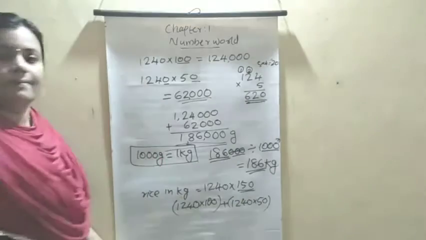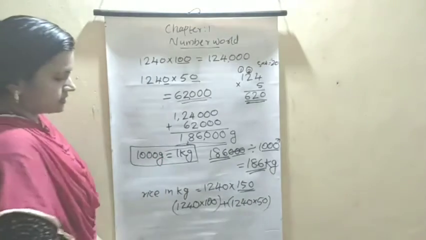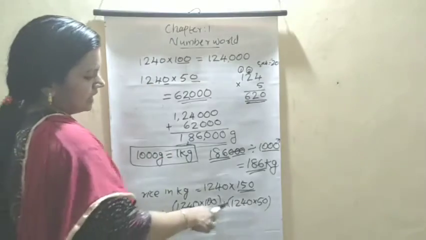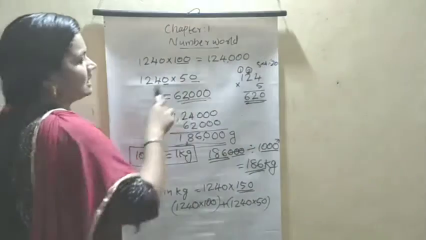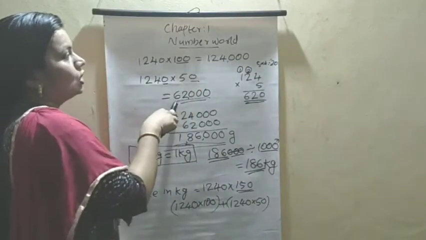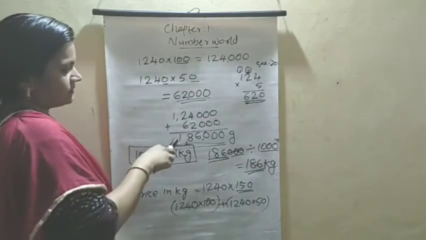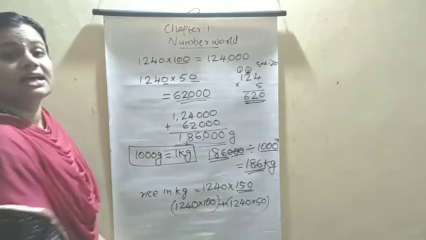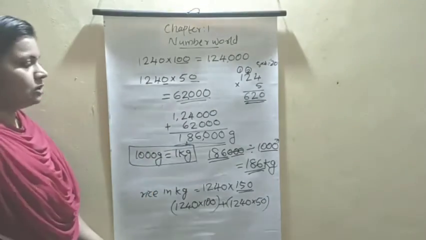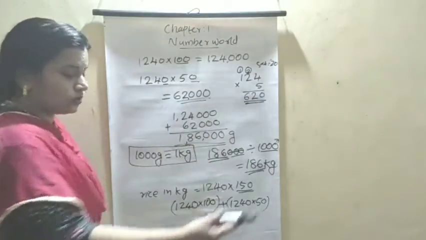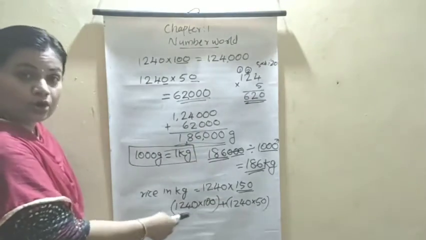186 kilograms. Okay, first of all we split 150, then we do the multiplication, then again we add these two numbers. We got 1,86,000, so this is in grams. We want to write the rice in kilograms.